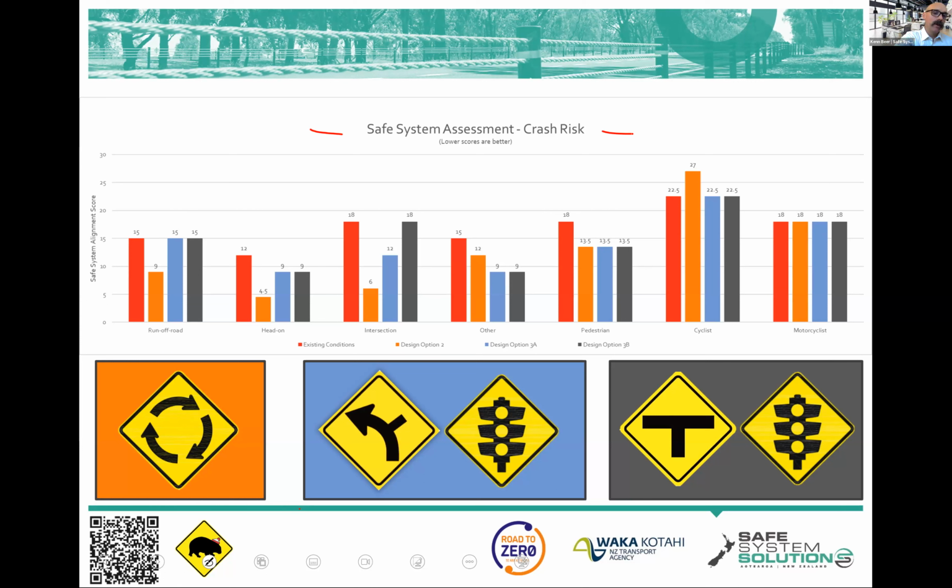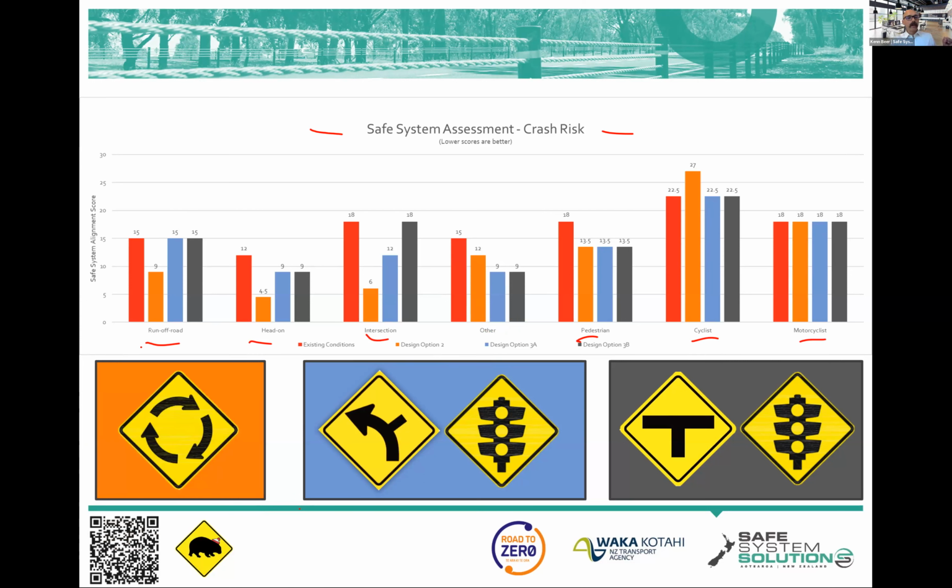And what we've got here are crash types: run-off road, head-on, intersection, pedestrians, cyclists, motorcyclists. And then we've got this other crash category. And the other crash category is really anything that's not adequately been picked up as part of those other crash types.